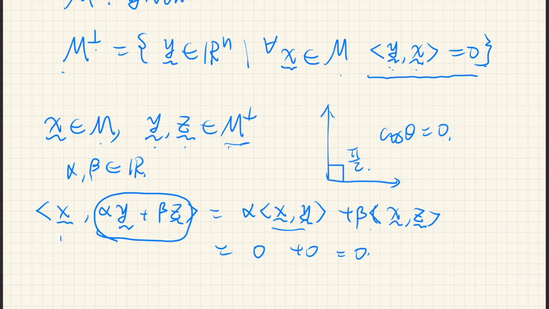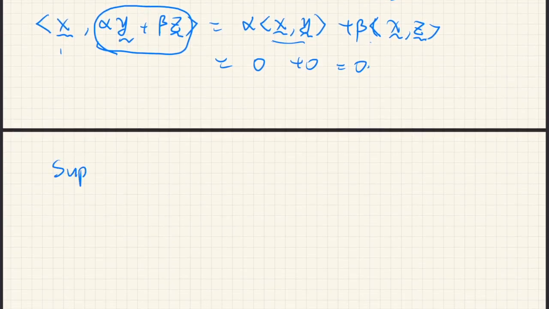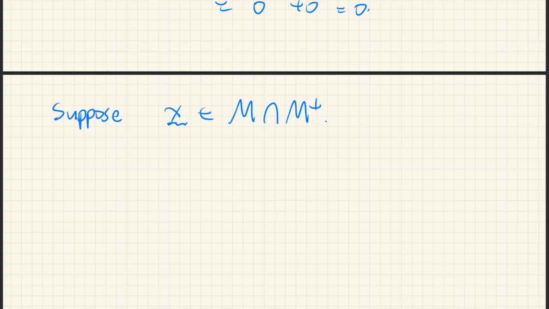What about the common elements between M and M orthogonal? Let's see. Suppose x is in the intersection between M and M orthogonal. Then, by the definition of M and M orthogonal, since x is in M and also in M orthogonal, the inner product between x and x itself should be equal to 0. This is because the first x belongs to M and the second x belongs to M orthogonal, but these x's are of course the same x.